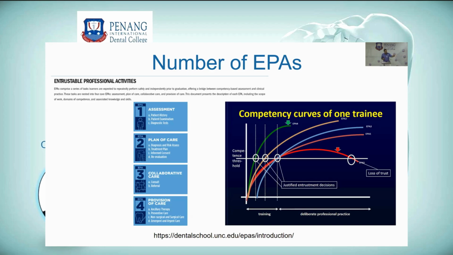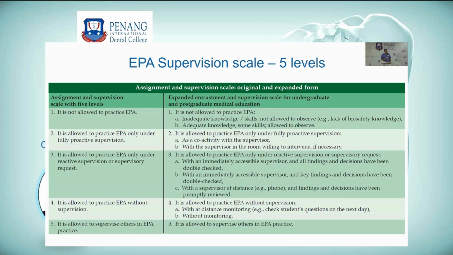And after the end of the training, when the student has not performed the EPA enough, he has lost his competency in the EPA and cannot perform it anymore. So there is a number of EPAs you must do in order to ensure that the competency level remains high. The number of EPAs we still have not decided. A lot of research is still going on about how many we should have for undergraduate.